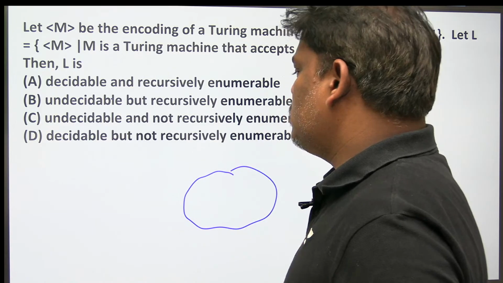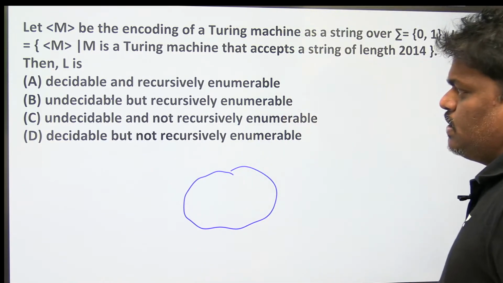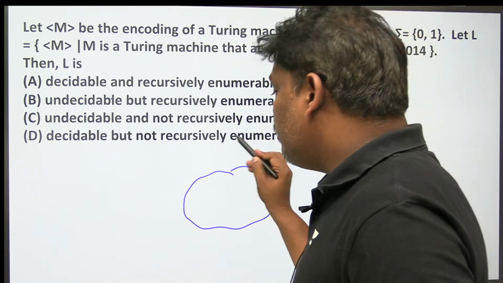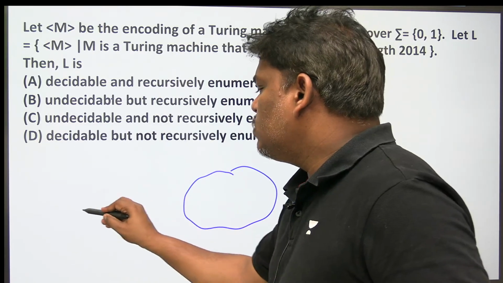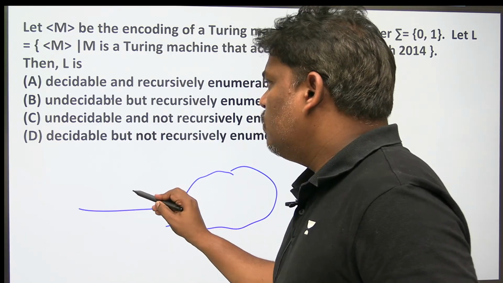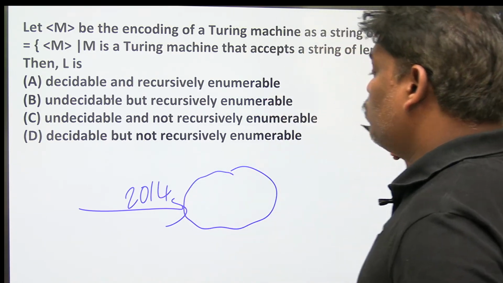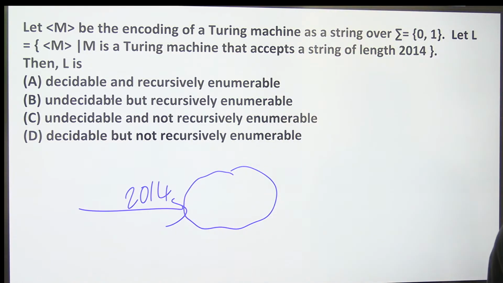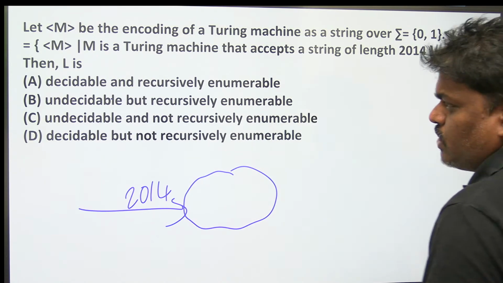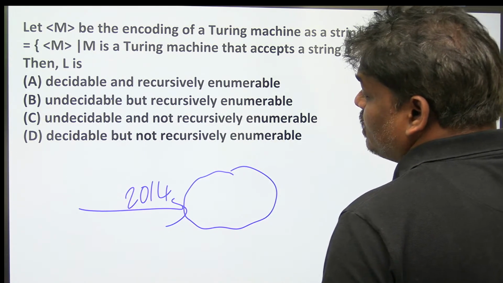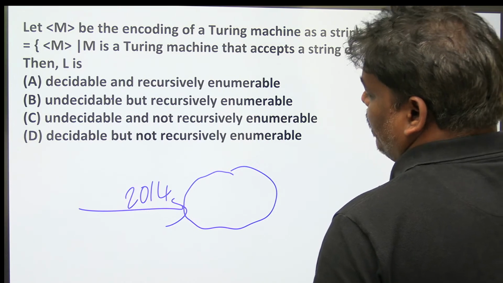This is a Turing machine. Listen, this is the Turing machine. This Turing machine will accept all those strings whose length is 2014. Means if you give a string of length 2014, it will go to halt final.